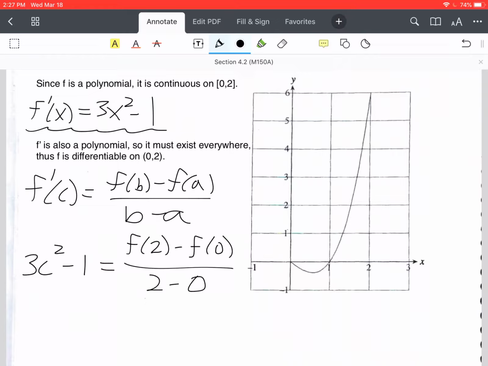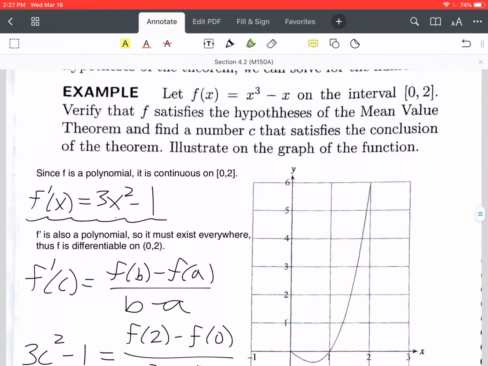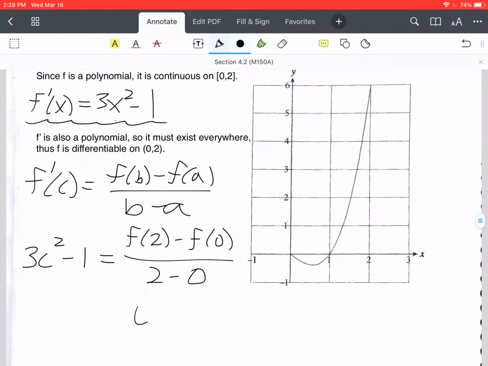Oh, I'm sorry. No, that's the derivative. So the original function, we're looking at 2 cubed minus 2. So that's 8 minus 2, which is 6. That's 6 minus 0 over 2 minus 0. And we still have the 3c squared minus 1 on this side.